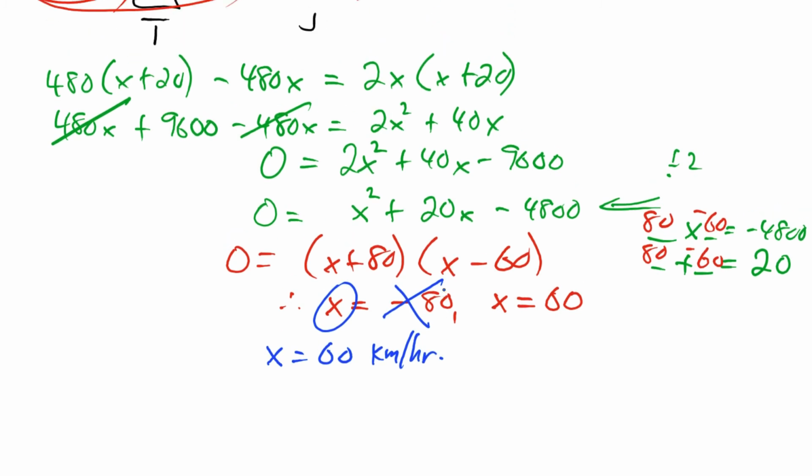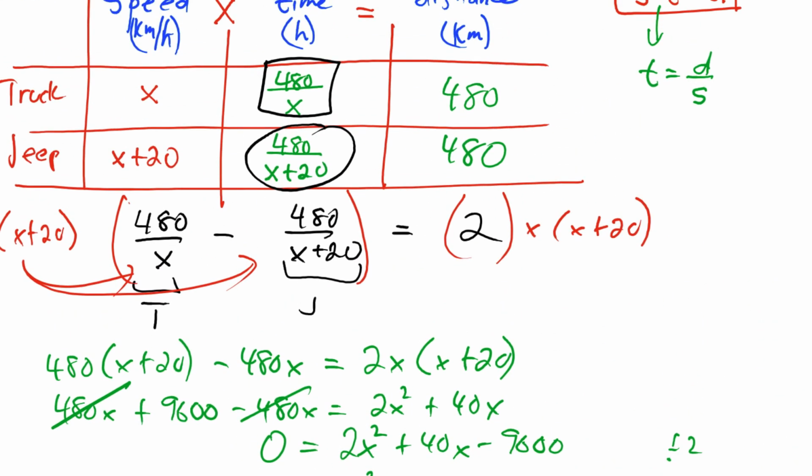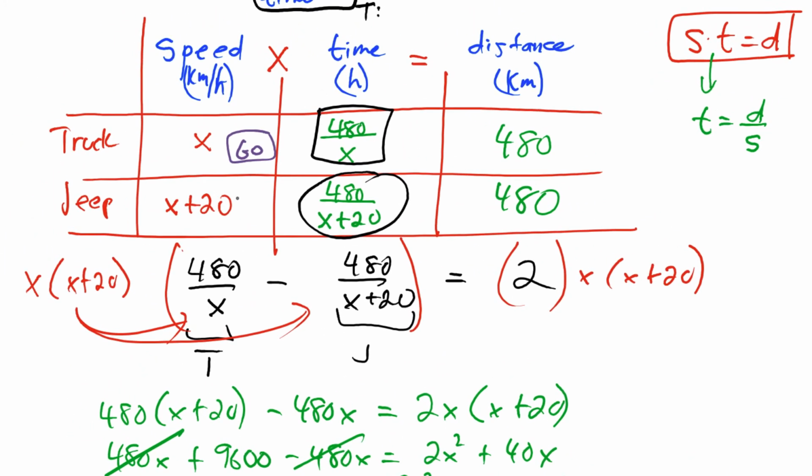Let's just roll back to our chart and see how this works. So if x is 60, our truck would have been going 60 kilometers per hour. And our Jeep would have gone 80 kilometers per hour. And if the truck was going 60 kilometers per hour for 480 kilometers, 480 divided by 60 means that the truck would have taken 8 hours. If the Jeep was going 80 kilometers an hour for 480 kilometers, then distance 480 divided by 80 speed would be 6 hours.